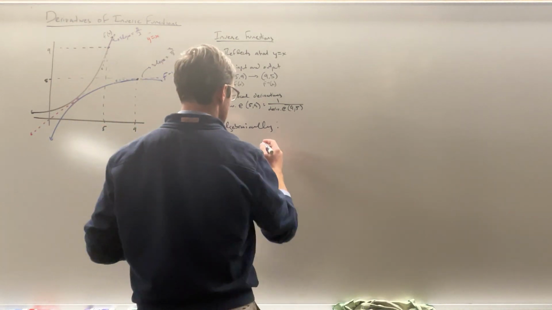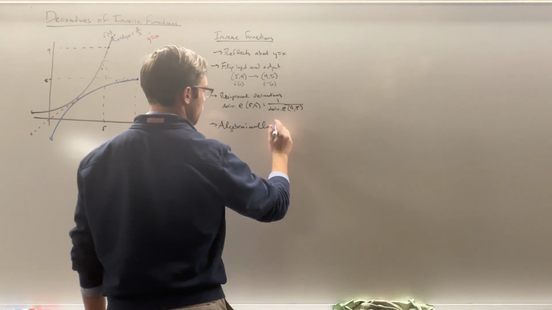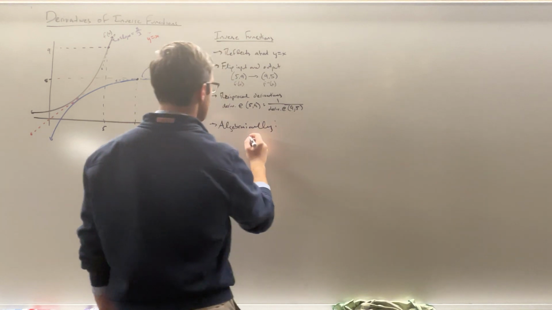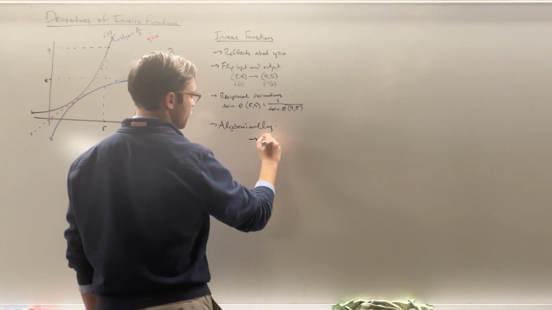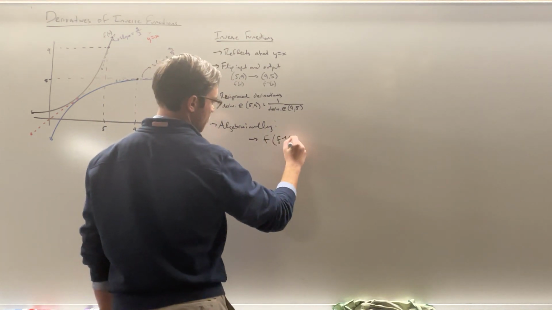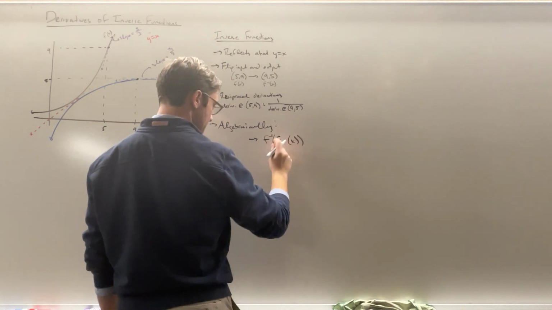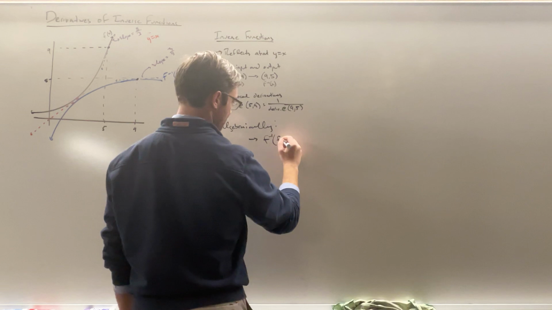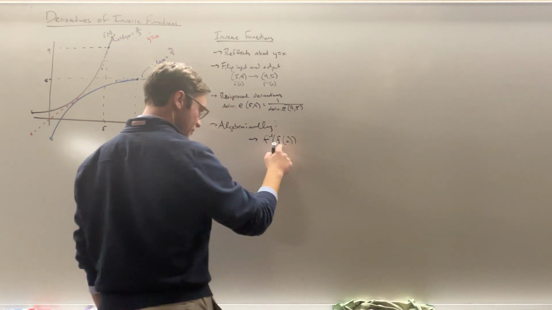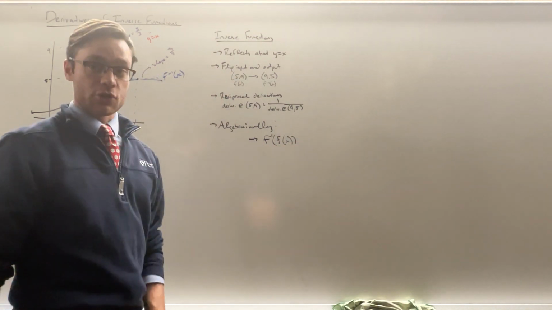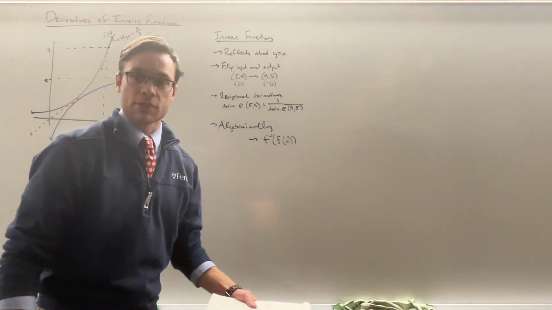The first, and hopefully we can recall this from last year, is that f inverse of f of x equals x. If you take x, apply a function, and then apply the inverse of that function, the inverse by definition inverts everything.